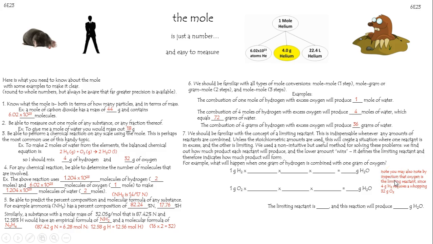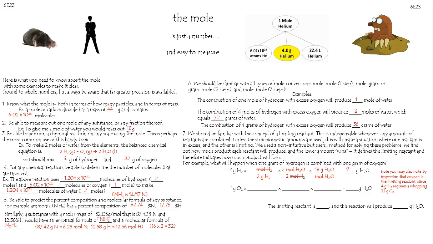You may also note that you can do this by inspection. Oxygen's the limiting reactant since 4 grams requires a whopping 32 grams of oxygen, and we only have 1. So I would probably skip this top calculation if I wanted to do it fast. But to be a good boy, I'm going to do the whole thing out. 2 grams is a mole. Every mole of hydrogen will produce the same number of moles of water, for which each mole weighs 18 grams.